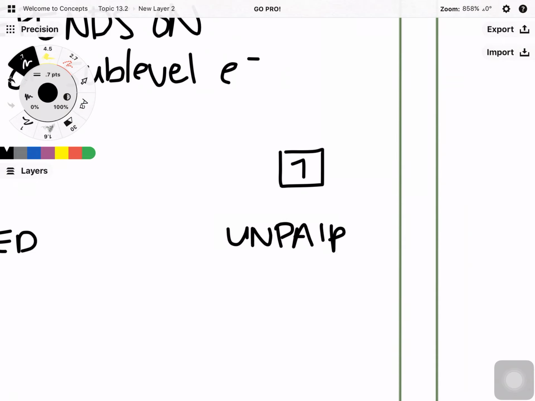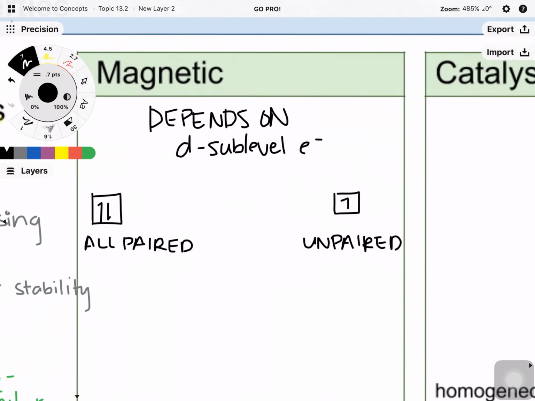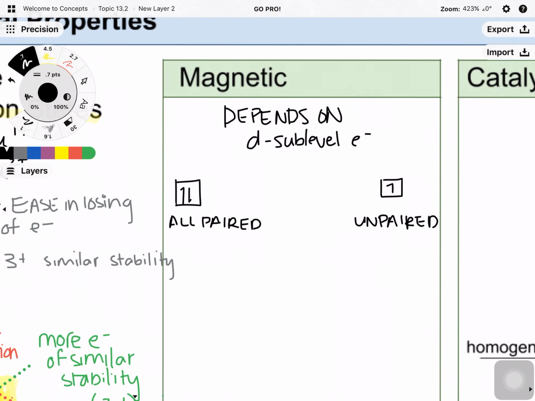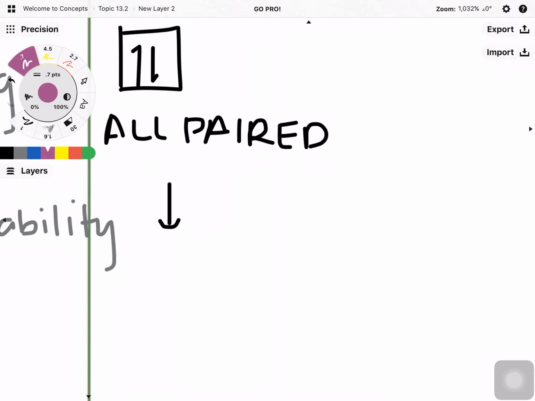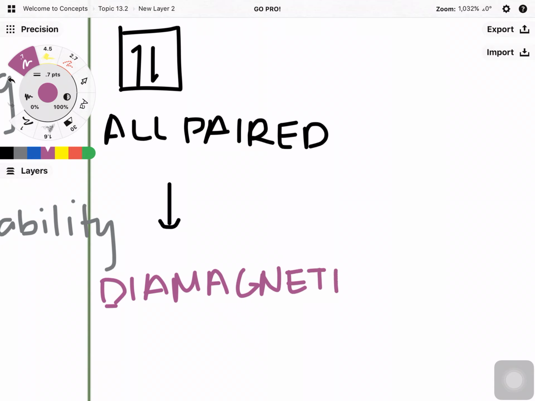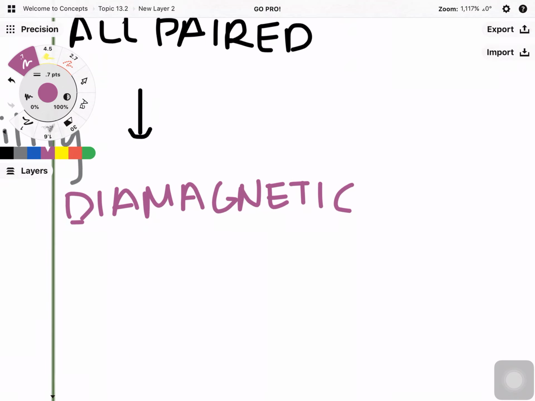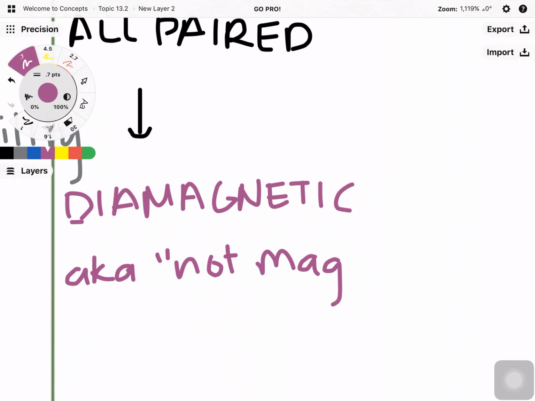This results in two different phenomena. When we have all paired electrons, we have a substance that's known as diamagnetic. What that really means in everyday language is non-magnetic. It's not magnetic, and when all of the electrons are exposed to a magnetic field, there's actually a weak repulsion.